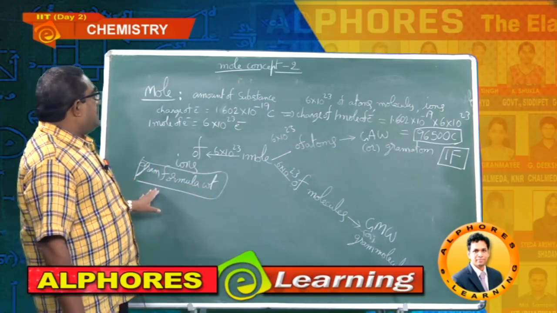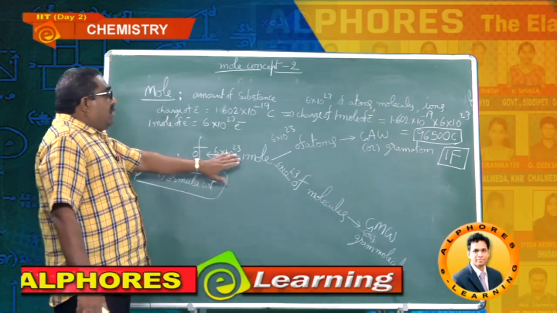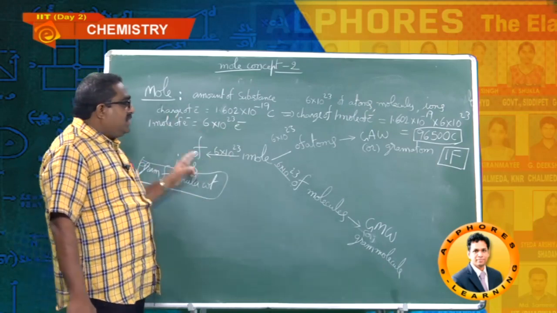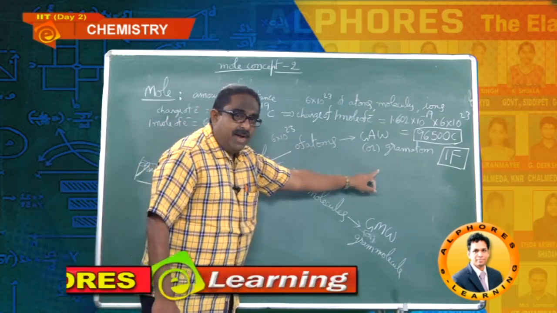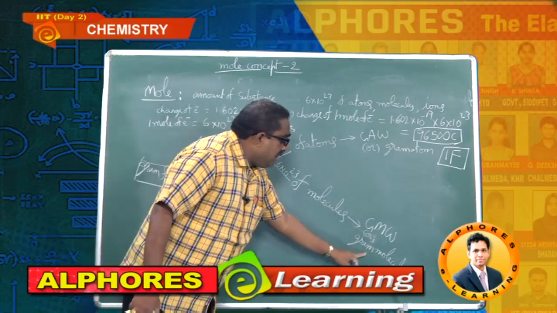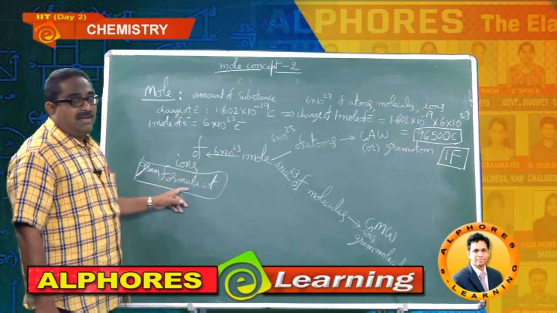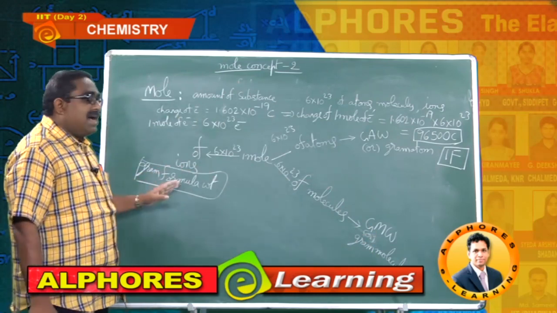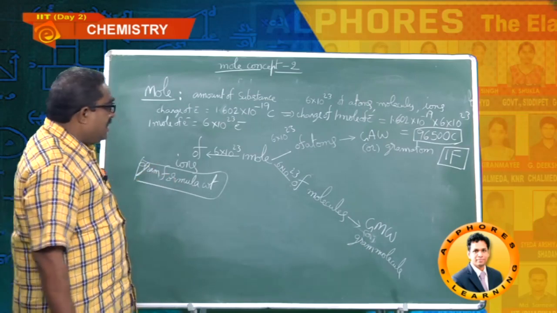So this is the conceptual map of mole, which is related to gram atomic weight, gram atom, and gram molecular weight or gram molecule, or gram formula weight. This is applicable for ions or any ionic compounds also. Okay, students.